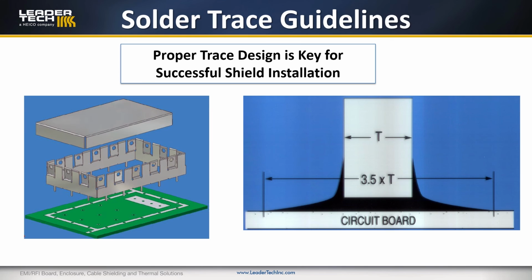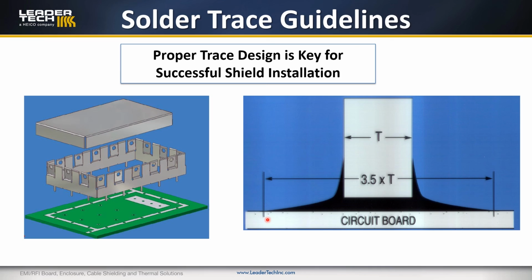When we talk about the trace, we want it to be a minimum of 3.5 times the material thickness. So this diagram here represents the straight edge of material of a circuit board shield, and the solder joint, the trace pattern would be here, and we need that trace pattern to be an absolute minimum of 3.5 times what the material thickness is.